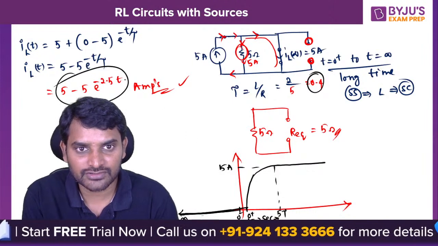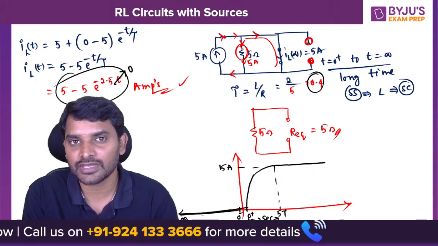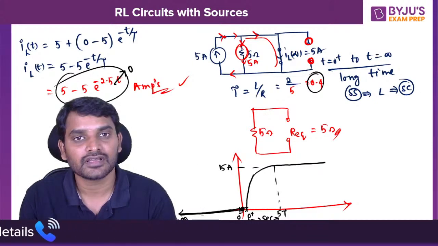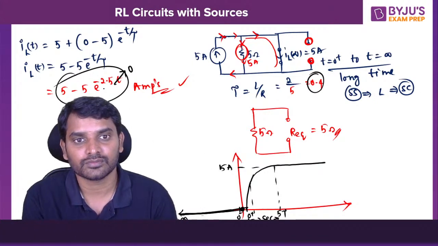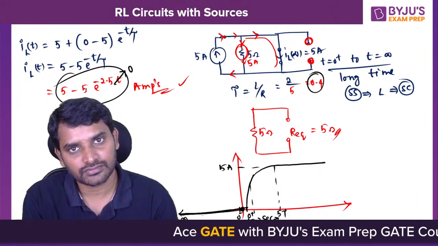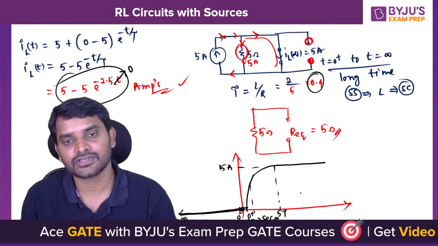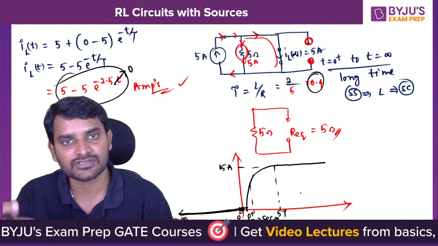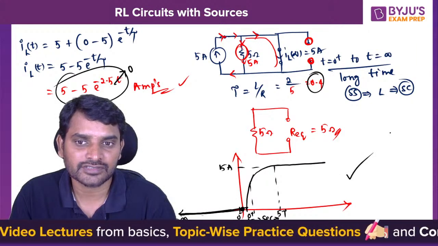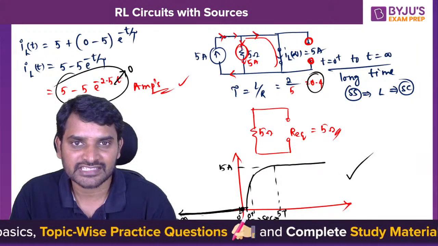You put t equals 0, e power 0 will be 1, so 5 minus 5 will be 0. Put t equals 1 tau, then 2 tau, 3 tau, and so on, and you will get the answer. This is how the inductor is going to change its current.